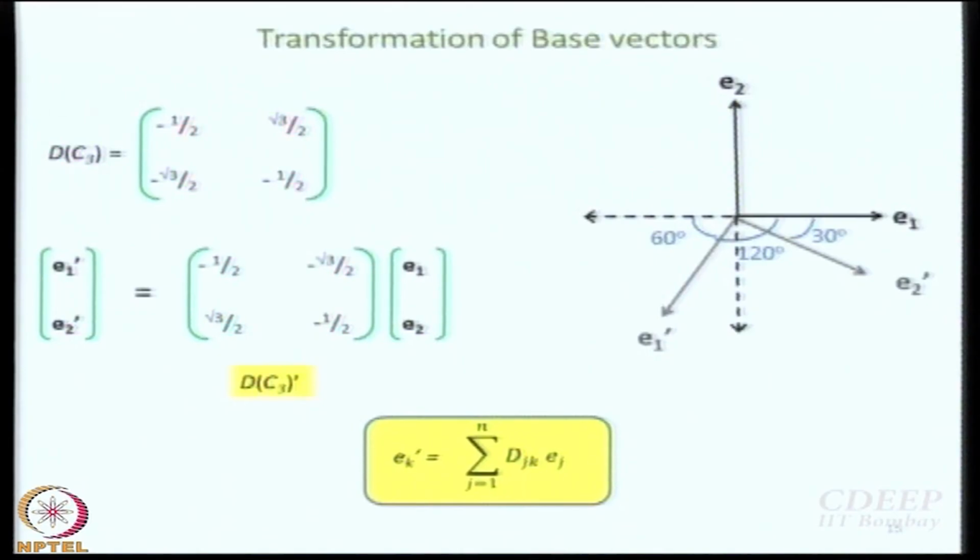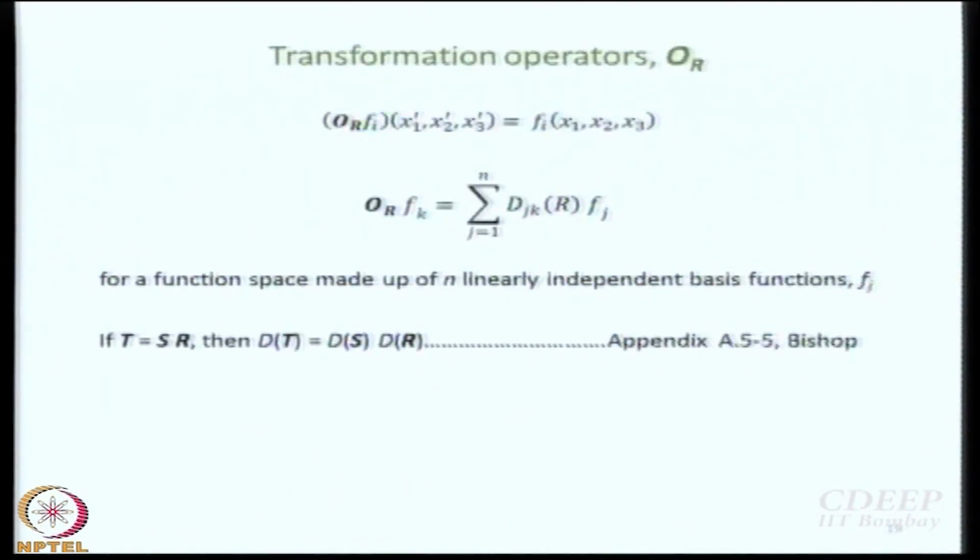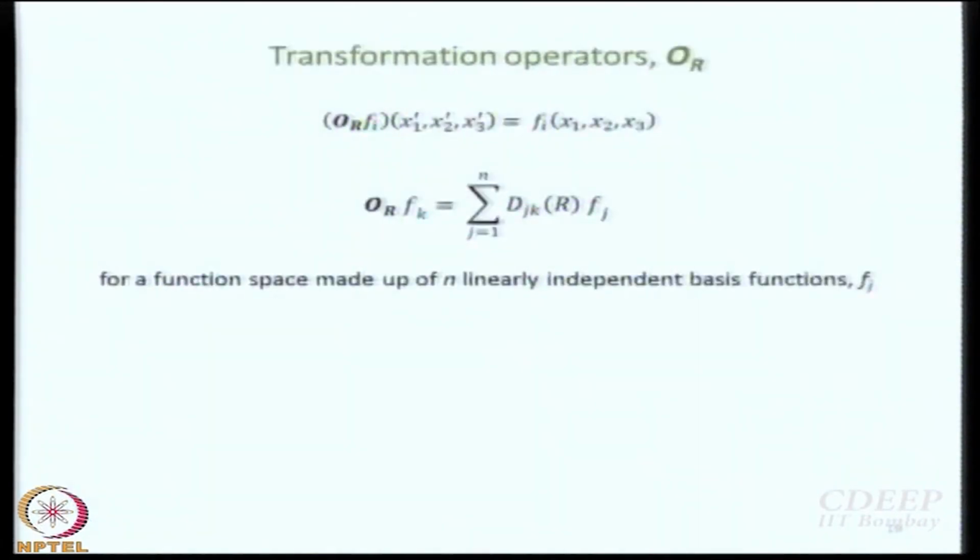When you make OR operate on Fk you get this, right, that equal to sum over j Djk Ej. All we have done is that we have specified R in a little more explicit manner. Makes sense? I think we will stop here and we come back tomorrow and we start from here.